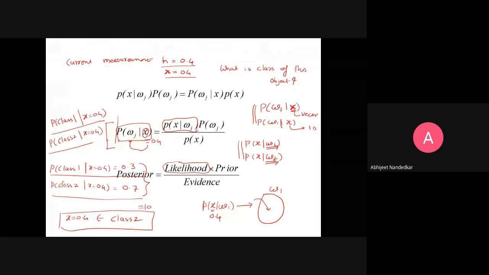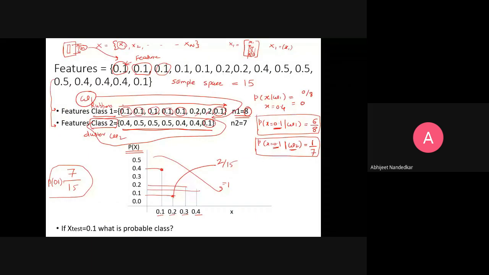Then the prior knowledge is about the classes. There are 8 samples of class 1, so omega 1 samples are 8, and omega 2 samples are 7. In total there are 15 samples.